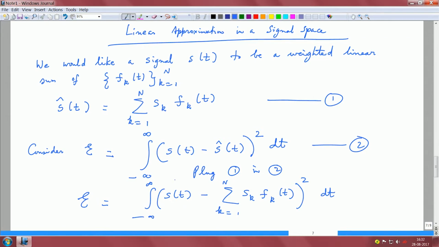So, you will have the square of s of t, and then this whole term squared, right, a minus b whole square, you just have to expand this out.